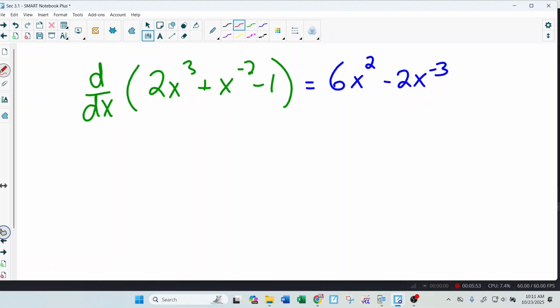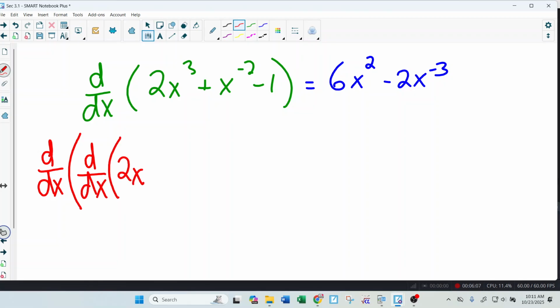Now, let's say we want to take the second derivative. So if I wrote this like this, d dx of d dx of 2x cubed plus x to the negative 2 minus 1. Do you see how that'd be the derivative of that? Same notation. The way we write that, though, is like this.